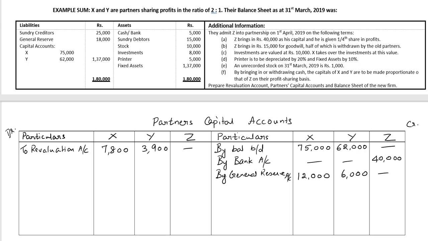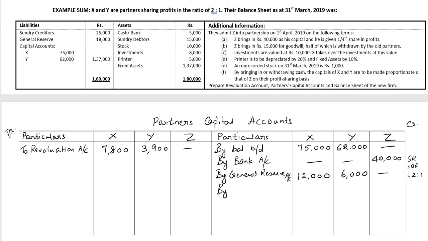Next we'll deal with the premium for goodwill. There is no mention about the sacrifice or the sacrificing ratio or the NPSR. So the sacrificing ratio is equal to the old ratio, which is equal to 2:1. And point B says Z is bringing in rupees 15,000 for goodwill.